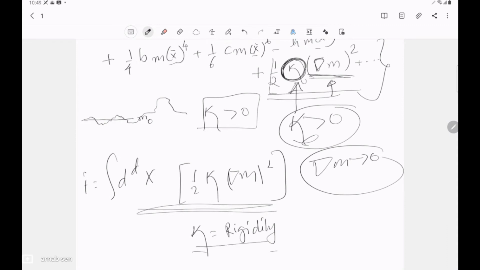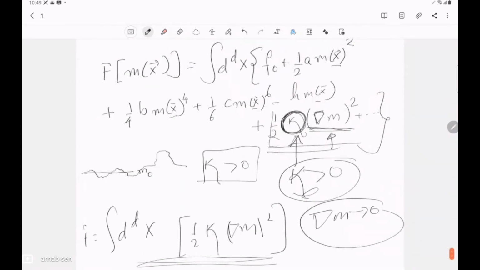Why is it called the rigidity? That's obvious, because if this kappa is very large, then of course to deviate from a constant profile of the order parameter m is very hard, right? Because you pay a huge free energy cost. But if this kappa is very small, then of course you allow more fluctuations. Okay, so that's the role of this term.